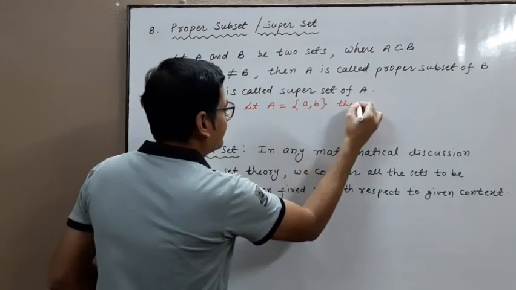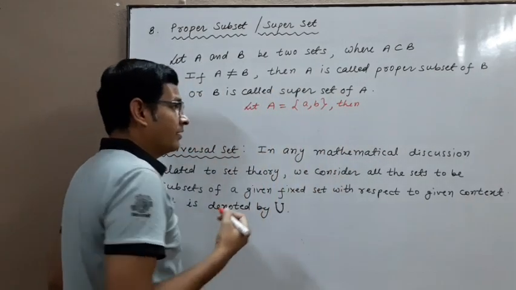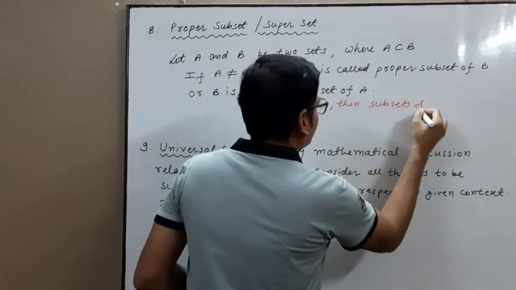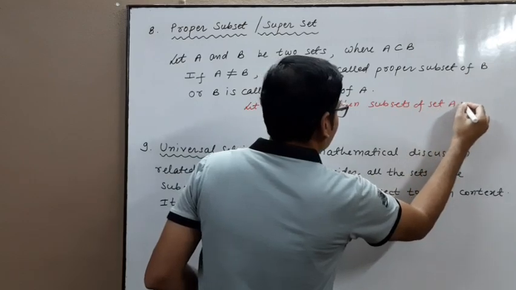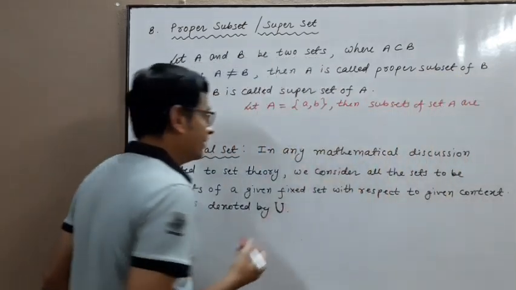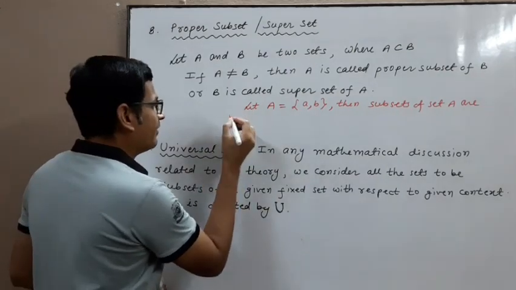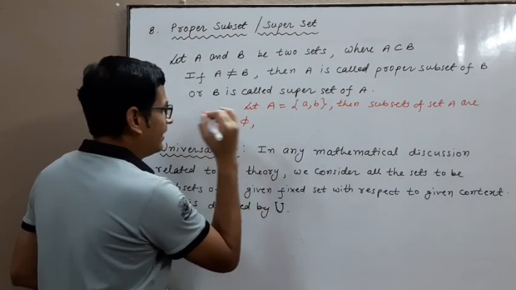Then the subsets of set A are: we know phi, the empty set, is a subset of every set, so one of the subsets is phi.